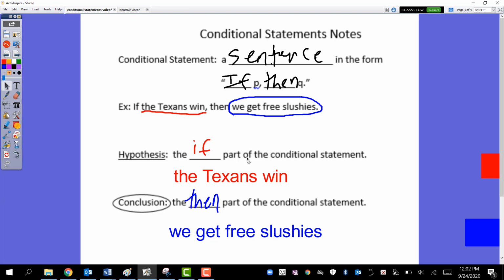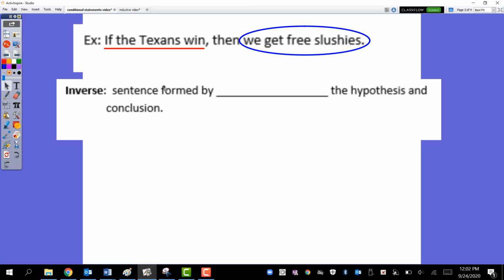Okay. So knowing this about these types of sentences, there's different sentences we can make based on this sentence. So one of them is called the inverse. And you're going to make the inverse by negating the hypothesis and conclusion.